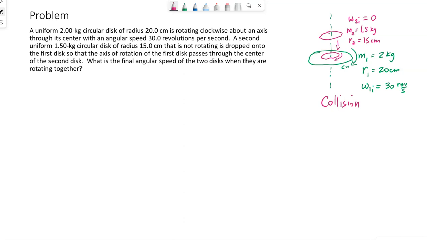Disk 2 collides with disk 1. So a collision, I want to jump to conservation of angular momentum for the system, meaning L of object 1 initially plus L of object 2 initially is going to be L of the system finally. They're stuck together.